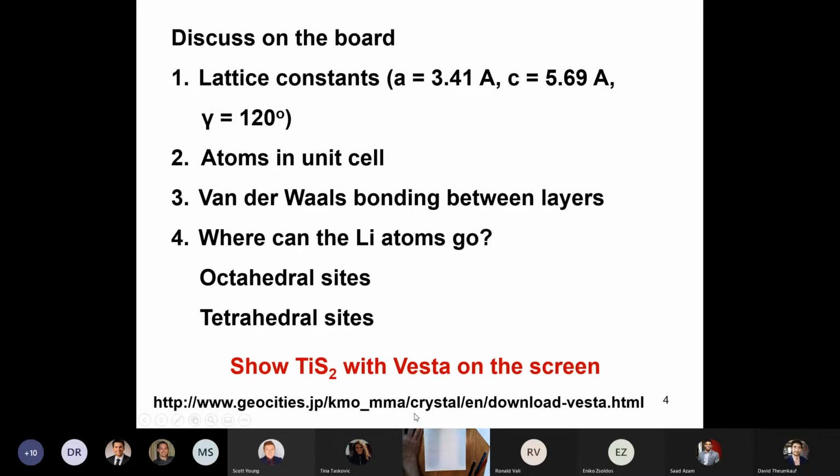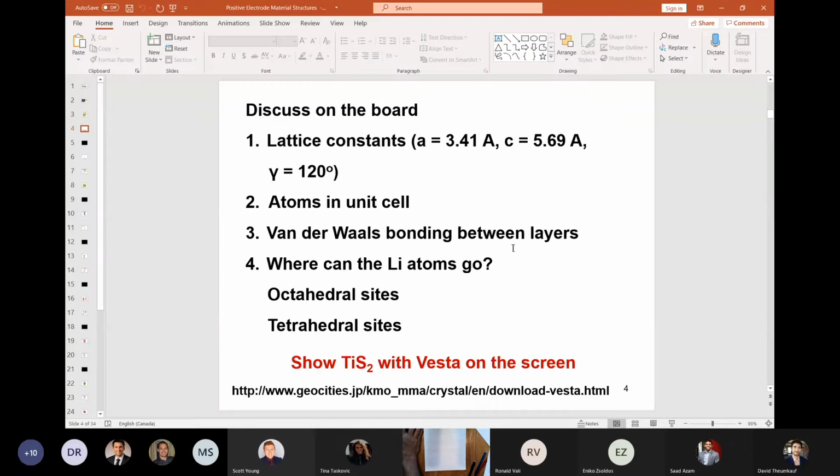So I'm going to go back to my document camera and just draw a few things. I'm going to draw the titanium layer in titanium sulfide first.